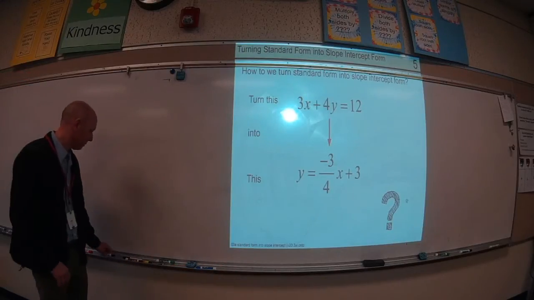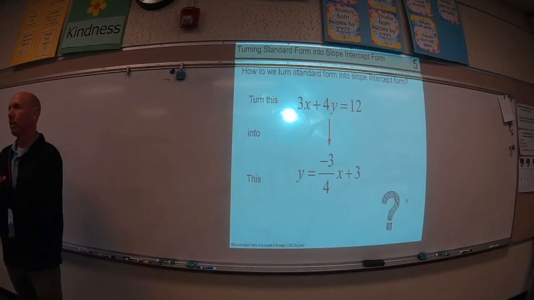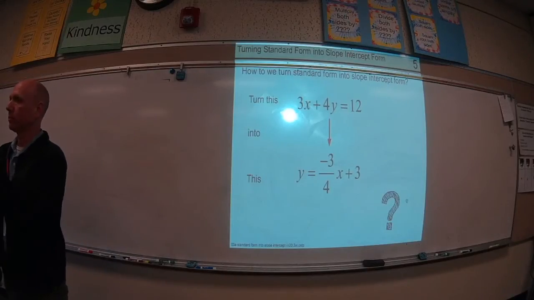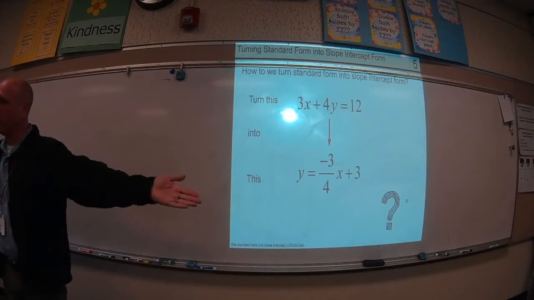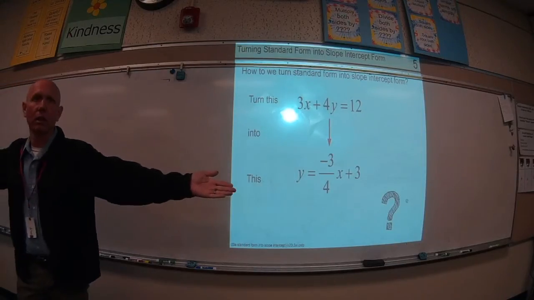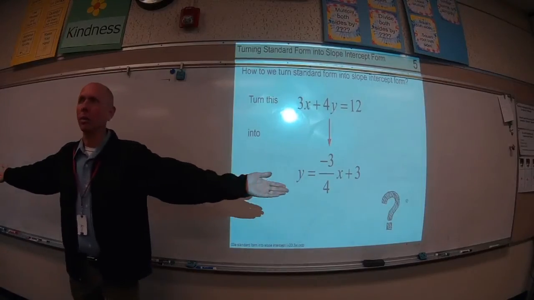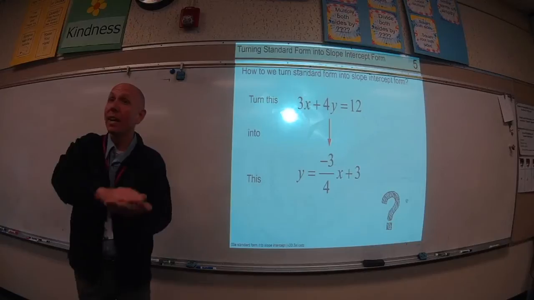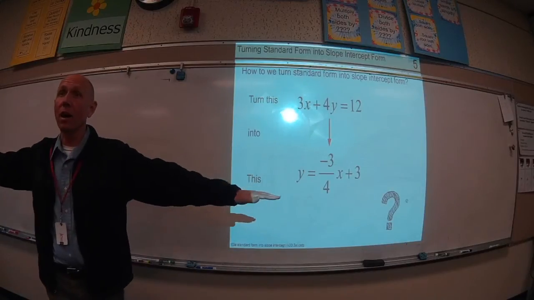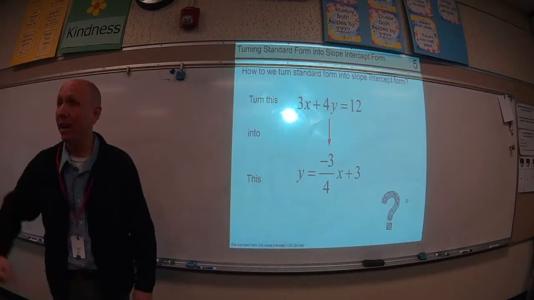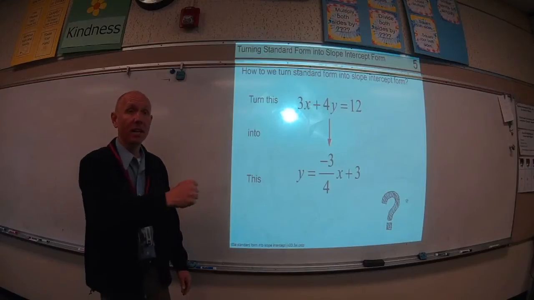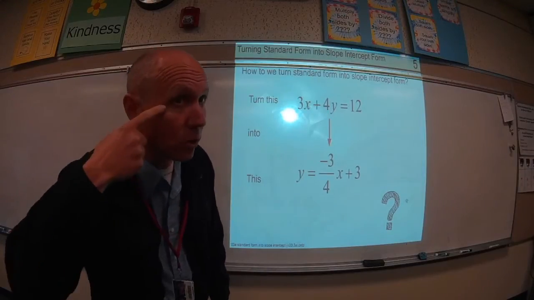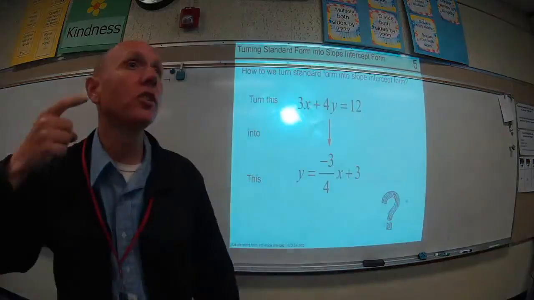Stand up, let's sing and dance. Arms out. Here we go. Move the x, divide by the y. Then you have to simplify. Slope-intercept, you will spy.